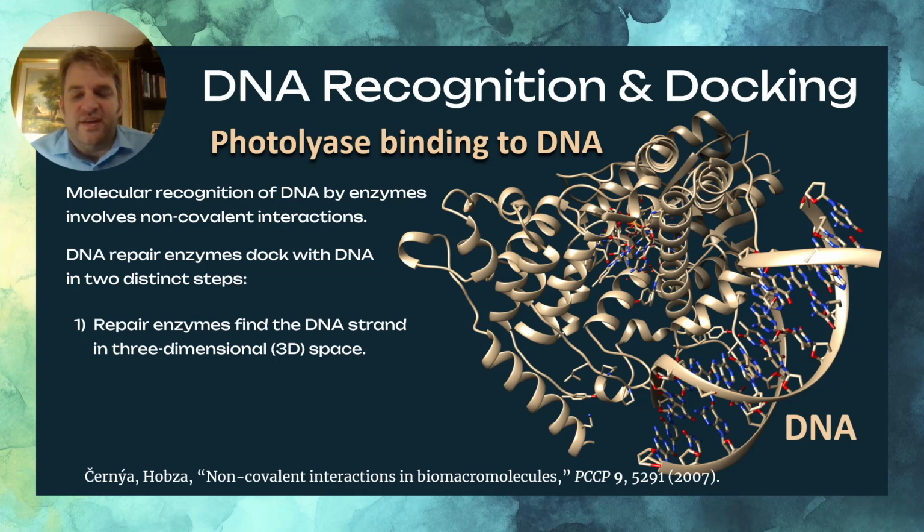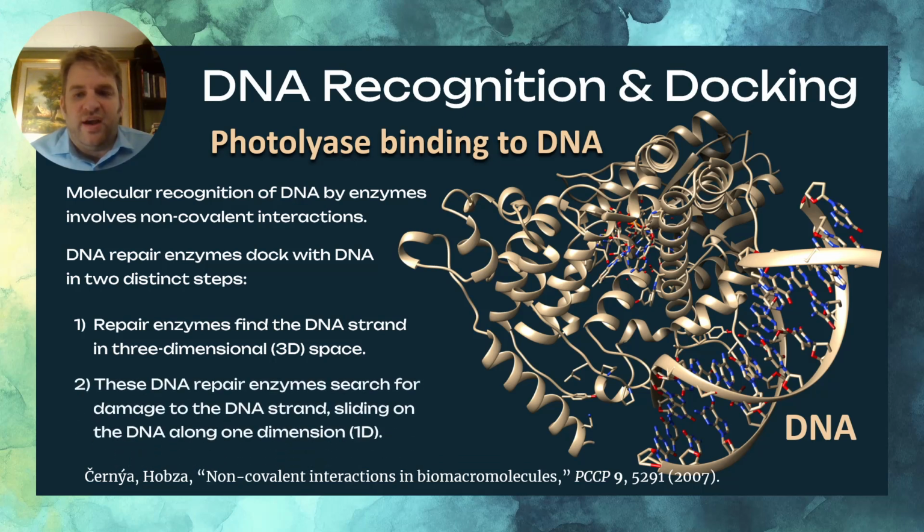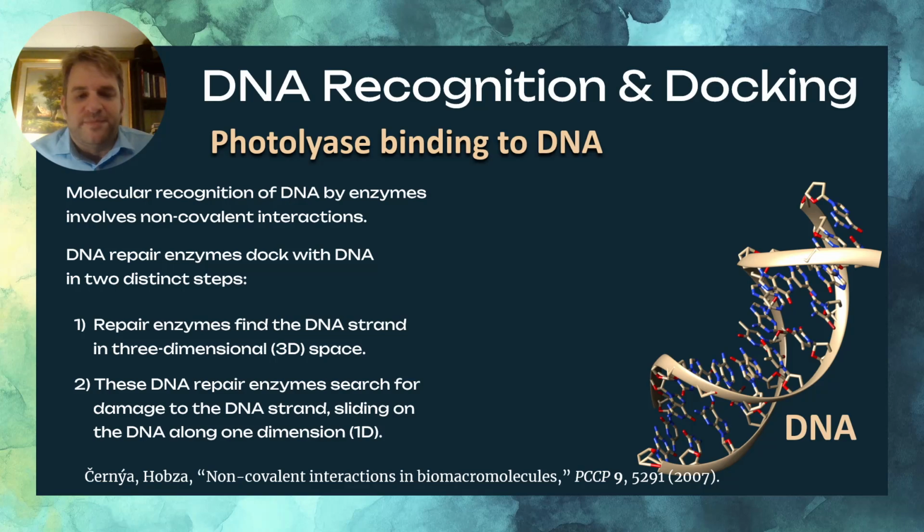After it's initially docked to the DNA, the next step is for it to scan and ultimately find a damaged location on the DNA. So a repair enzyme will search for damage to the DNA, sliding along the DNA strand, essentially in one dimension, until it finds and docks with a damaged piece of the DNA strip.